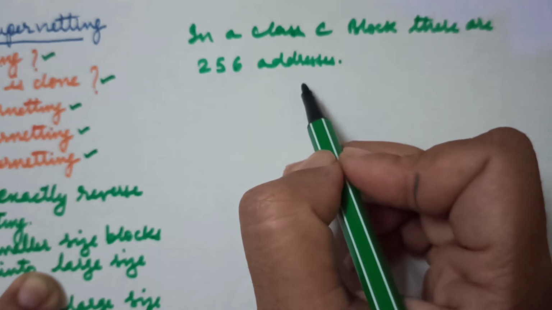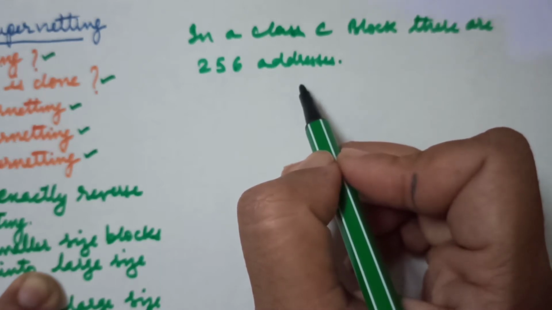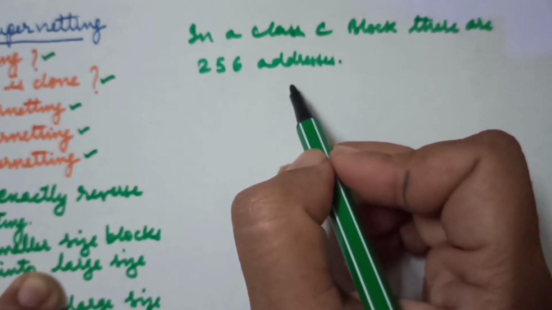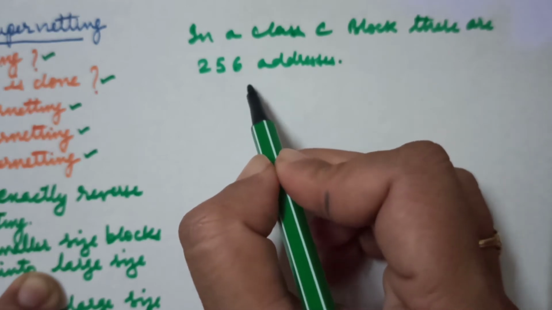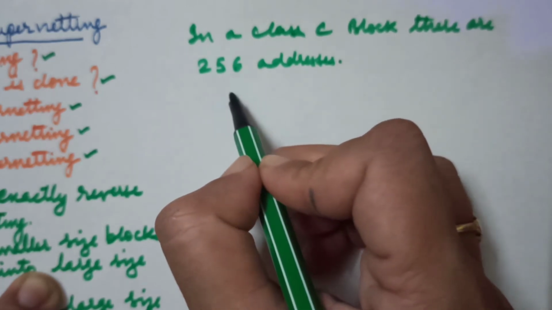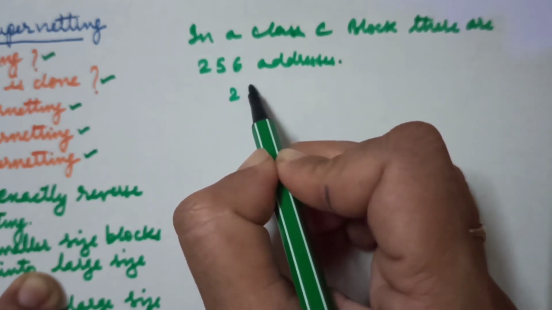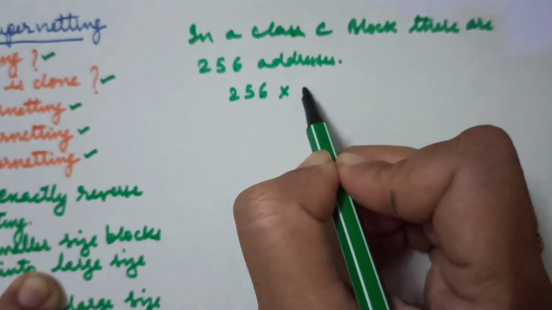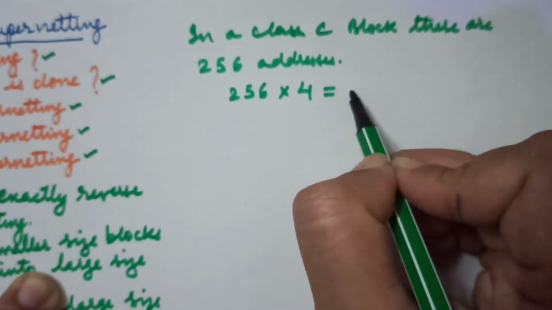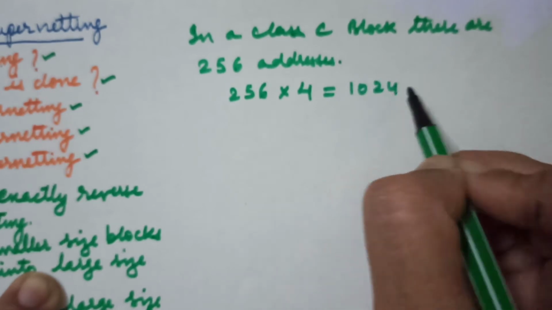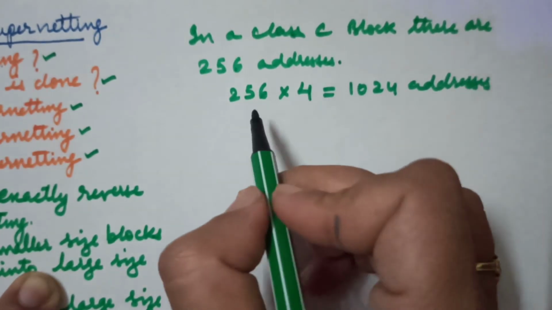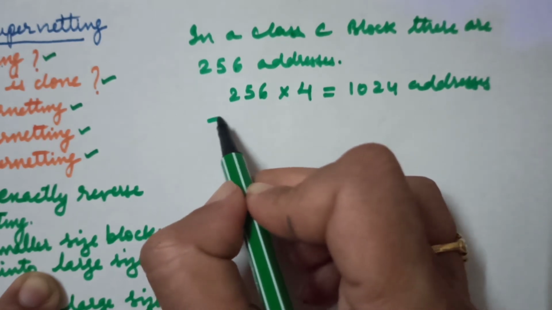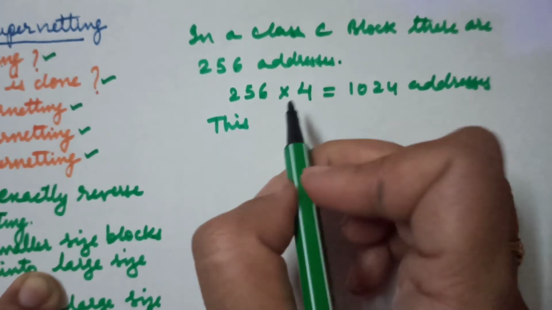Even considering the 254 IP addresses, the requirement of the organization can be satisfied because 254 into 4 will be 1016 addresses. So here the requirement of the organization will be satisfied by combining 4 Class C blocks. So 256 multiplied by 4 gives 1024 addresses, and these are sufficient for satisfying the requirement of the organization.